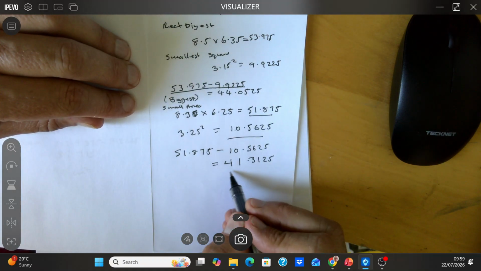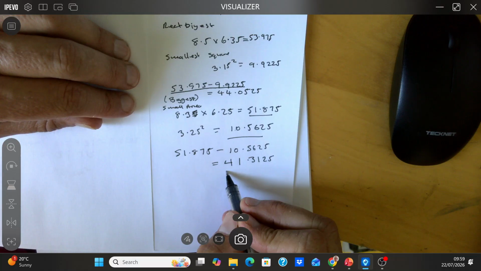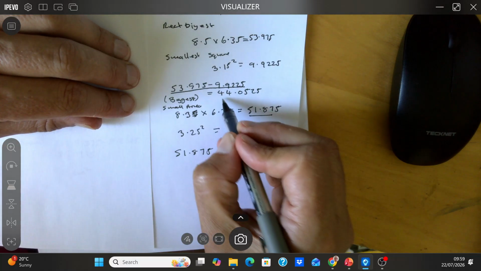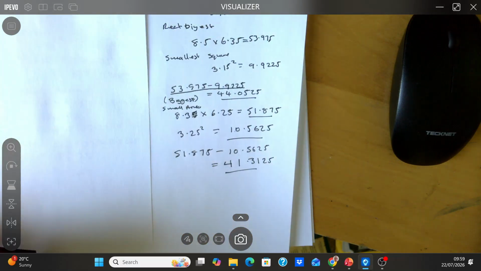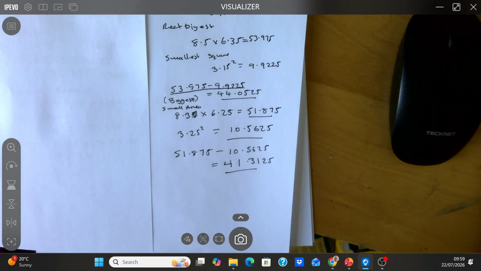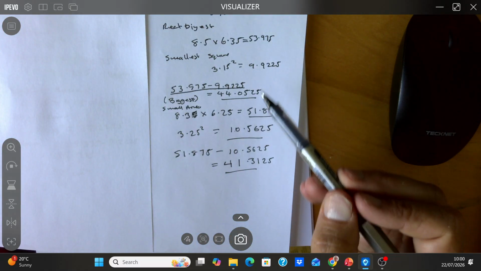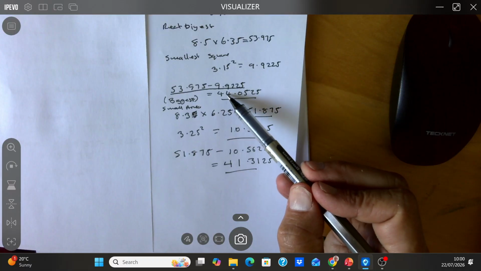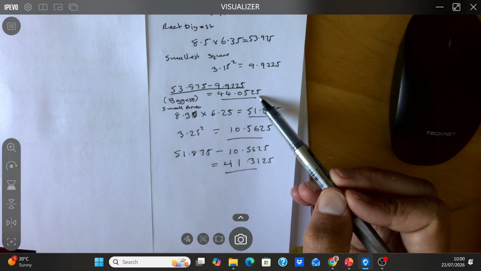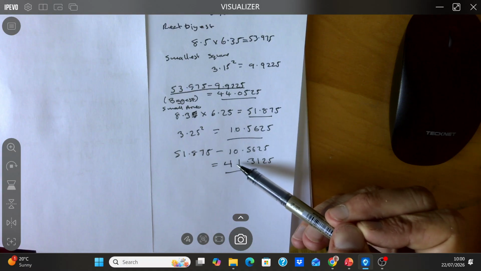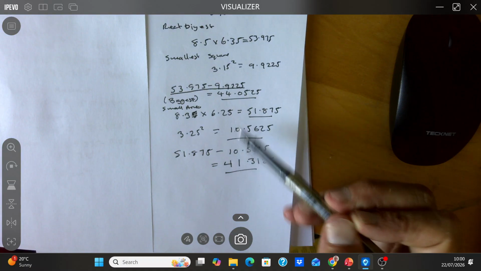Right. Now, it says in the question to a suitable degree of accuracy, so that is when they round to the same number. 44 point something rounds to 40, 41 point something rounds to 40.